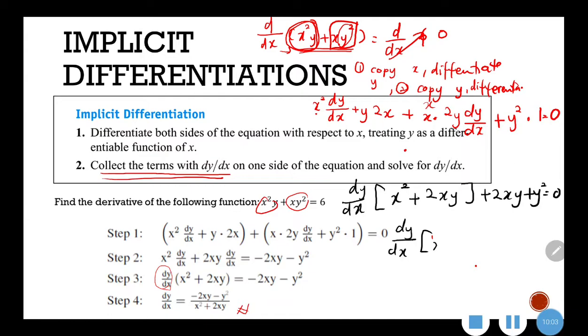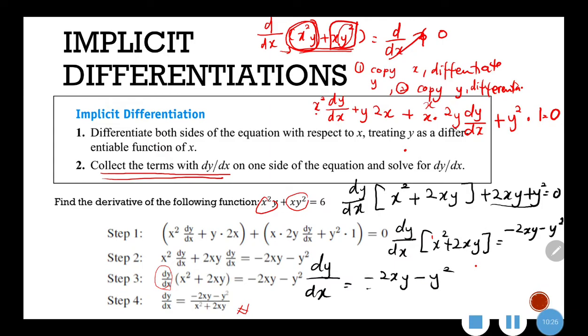Now to make it easier, we have to move this part here to the left hand side. Negative 2xy minus y squared, and dy/dx is minus 2xy minus y squared over x squared plus 2xy.